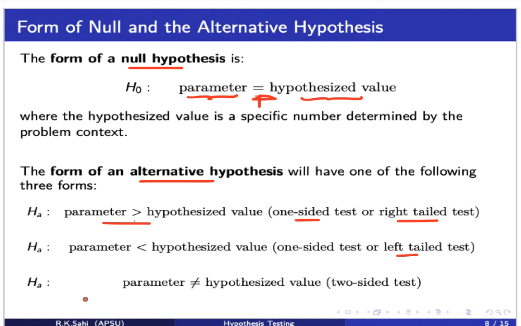In the third scenario, where the parameter is not equal to the hypothesized value, we're looking at a two-sided test. This whole slide is a very, very important slide. Please keep this in mind.